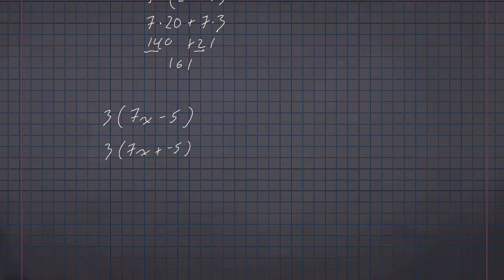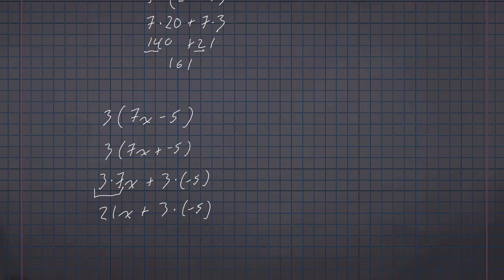But watch what happens when we use the distributive property. 3 times 7x plus negative 5 is 3 times 7x plus 3 times negative 5. And 3 times 7 is 21.